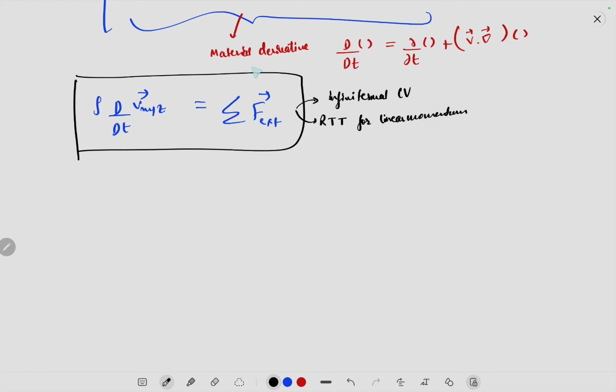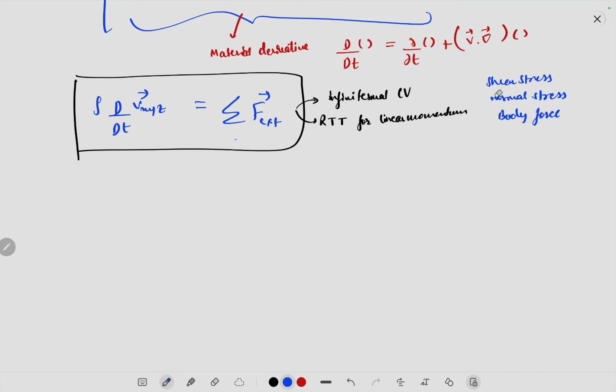Please note that this derivation is still not complete because we still have to define the external forces. For the infinitesimal control volume, we'll take the force due to shear stresses, the force due to normal stresses, and the body force, and we'll expand this equation by writing down the external forces from the known shear and normal stresses.